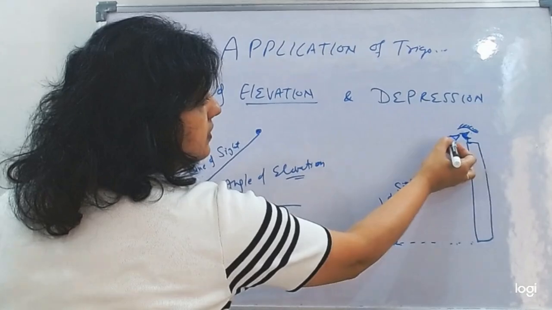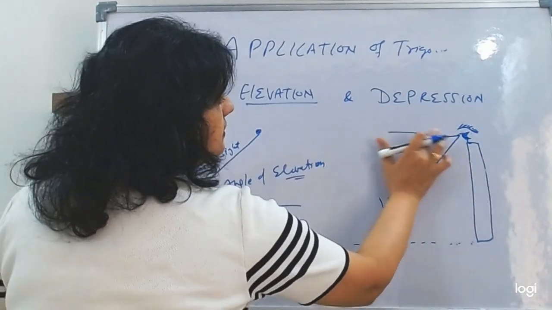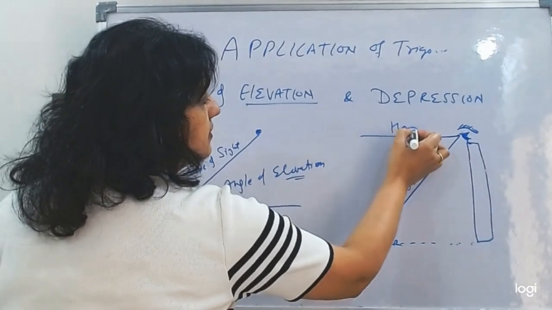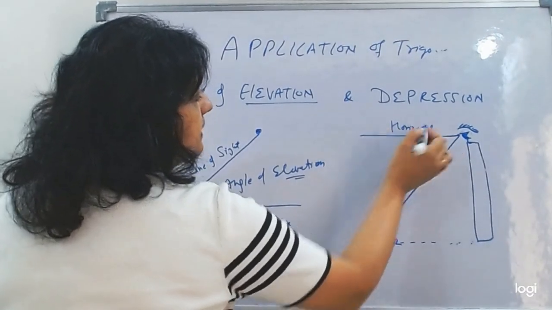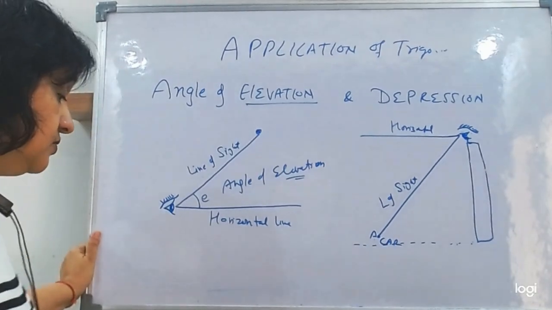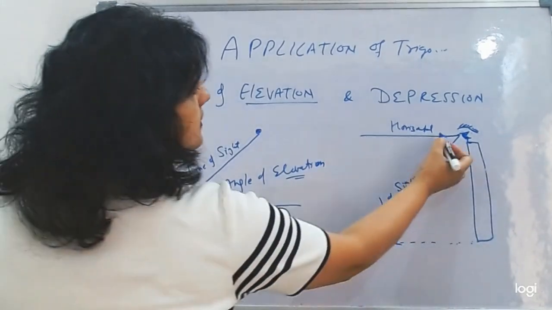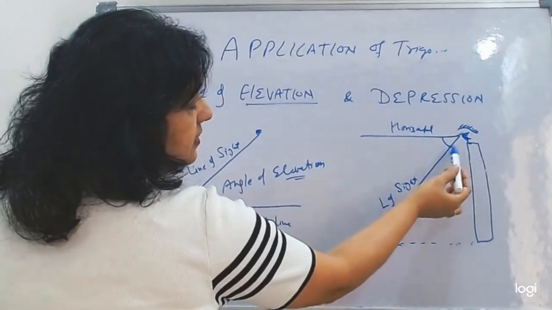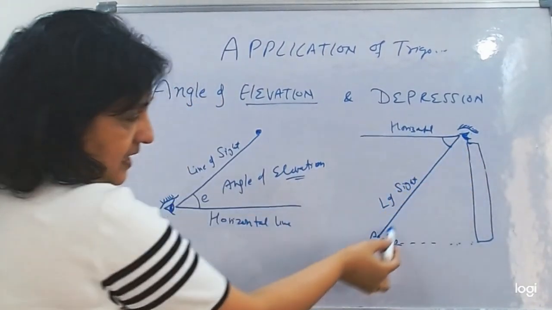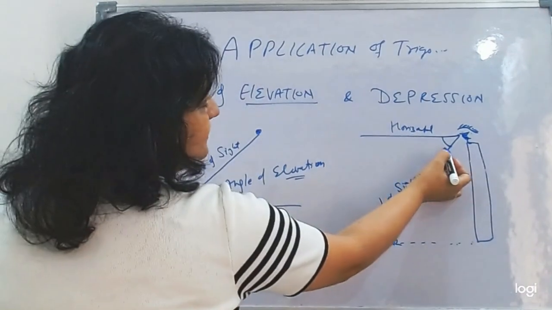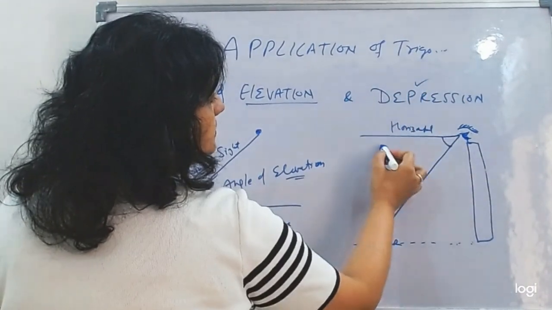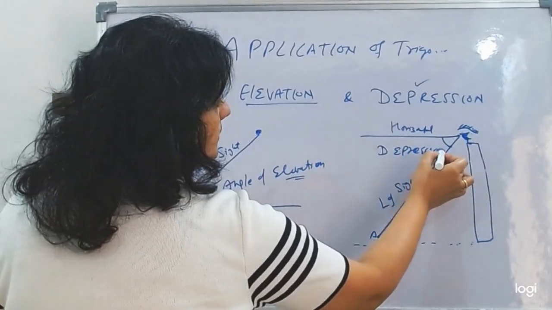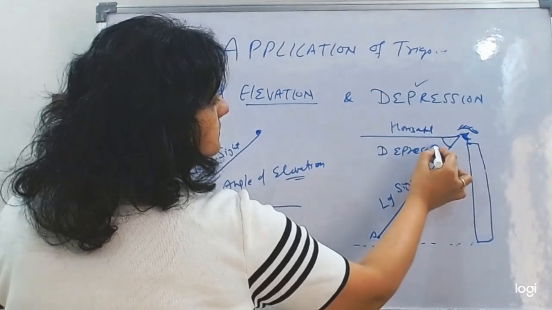You are going to draw one horizontal line like this. Okay, so where is the angle? This is the angle again, which is formed between the horizontal line of the eye level and the line of sight. This angle is called the angle of depression.